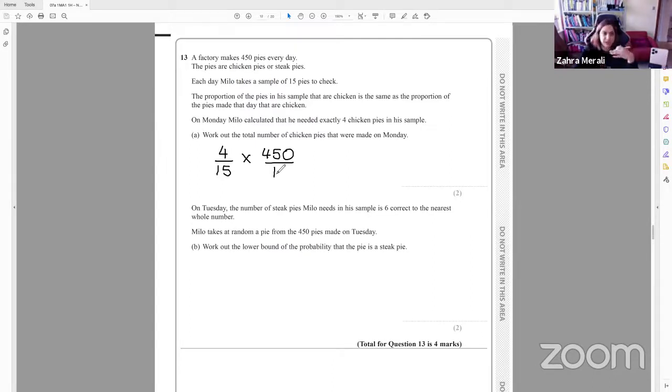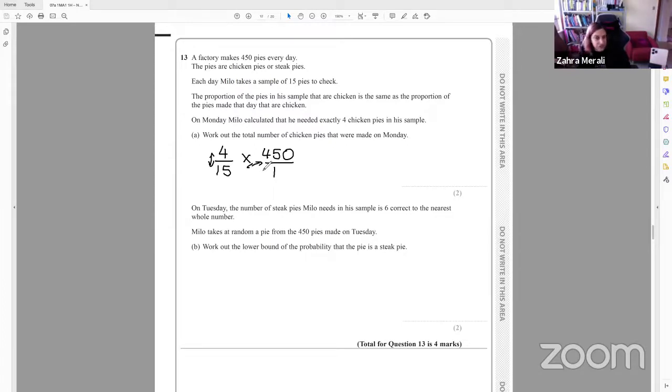Now we could multiply the top and multiply the bottom, but we're going to make life a little bit difficult. So we're going to think, what do we know for definite goes into 450 and 15? I can do it either diagonally or up and down. I look up and down and I can see that doesn't cancel. So I can look diagonally.